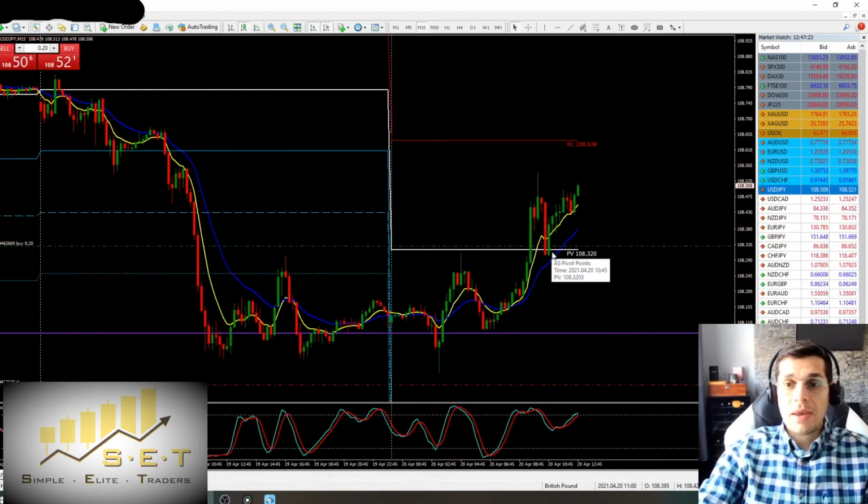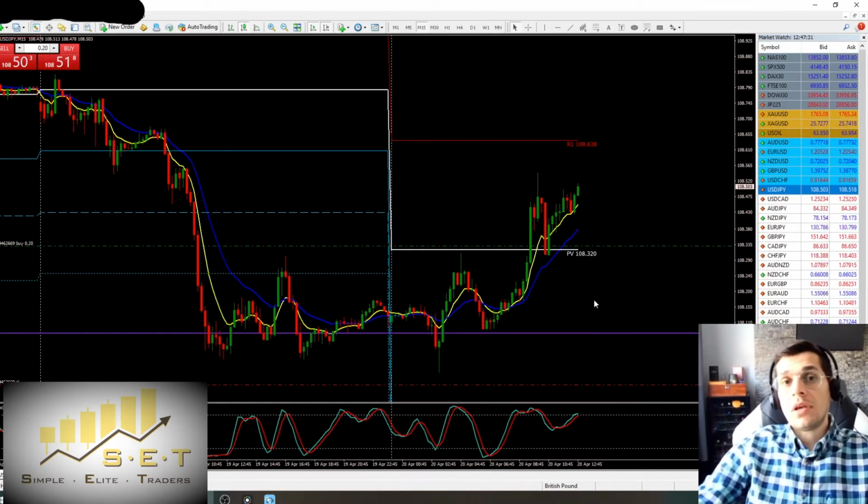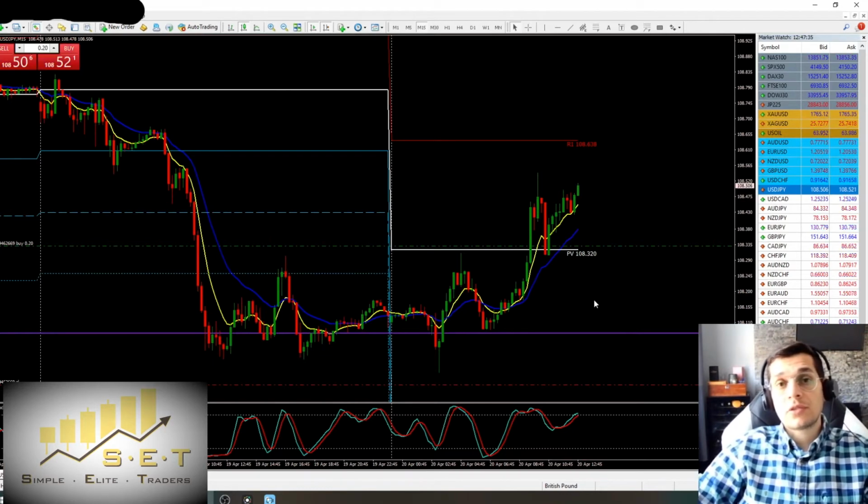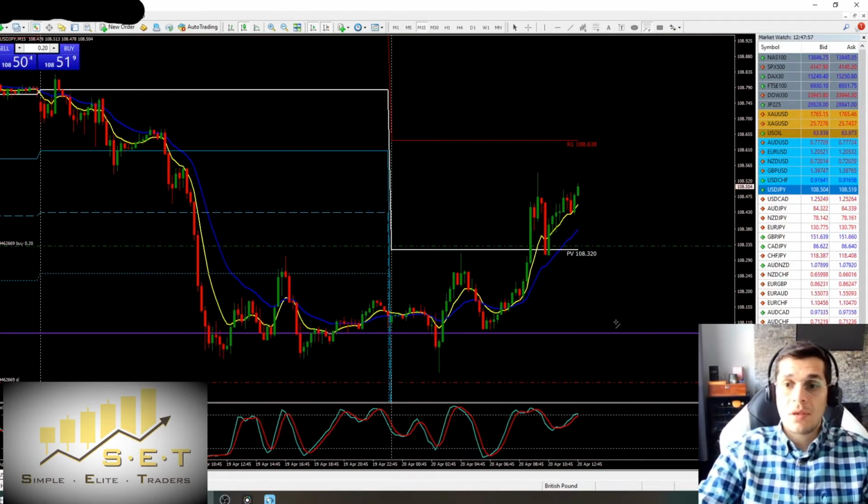I put a buy limit order on this daily pivot around 108.32. Daily pivots, I don't know if you are familiar, work as support and resistance. So that's why I put my entrance on the daily pivot, where I'm expecting it to reject the level and go up again. This is my entry on the Dollar Yen.